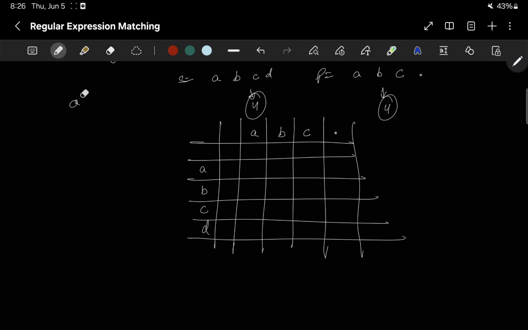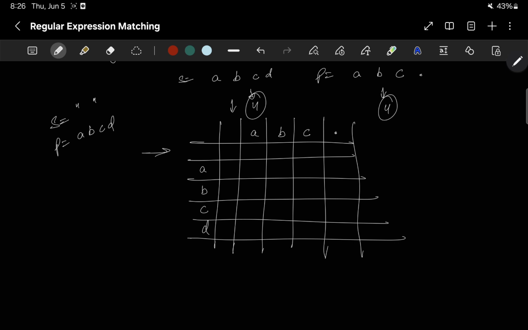Like your S can be empty and P can be A star. They also match, so we should be considerate about matching the empty characters also. So when our S is ABCD and P is ABC dot, keeping the first one empty means, for this row, your S is empty and your P is ABCD. So does ABCD match with P?